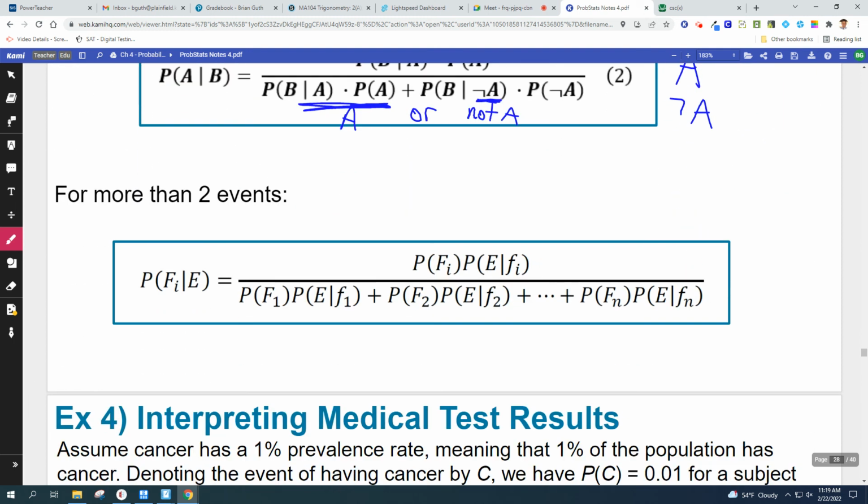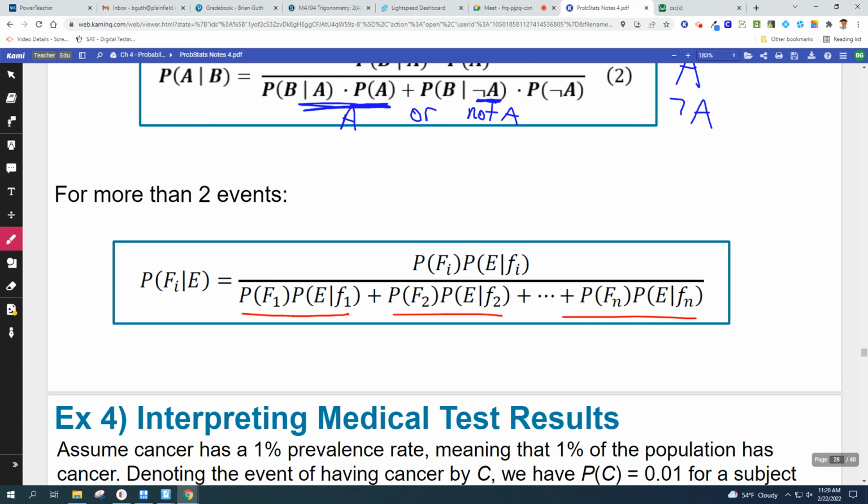And so when you get more than two events, all right, got a little bit of a typo. I don't like how those F's, some of them are capital and some of them are lowercase. I don't guess it matters, but they probably should all be either lowercase or upper. I don't care which. But when you see this, the denominator is just taking you through every different thing that could possibly happen in the problem, okay? And so it's not supposed to be complicated. It's not supposed to look as confusing as it does.